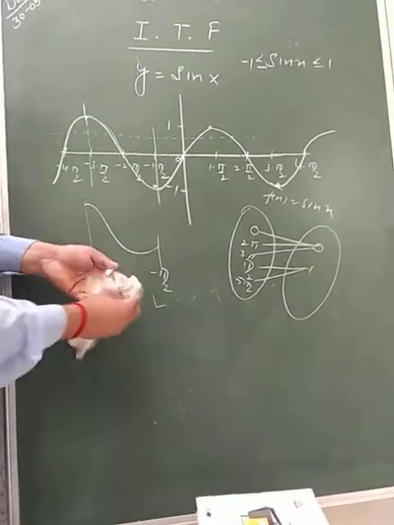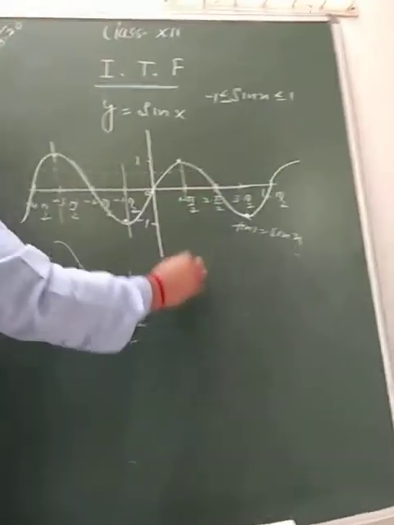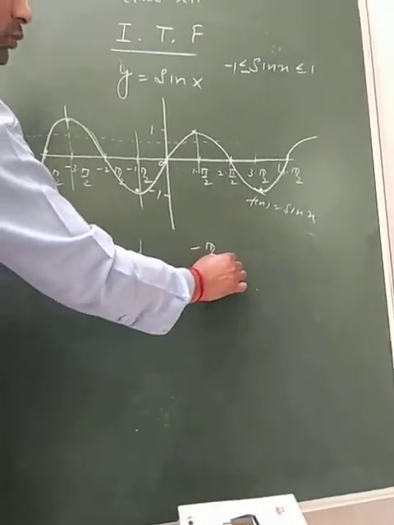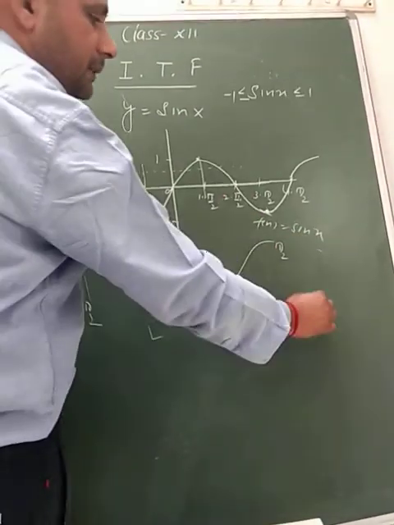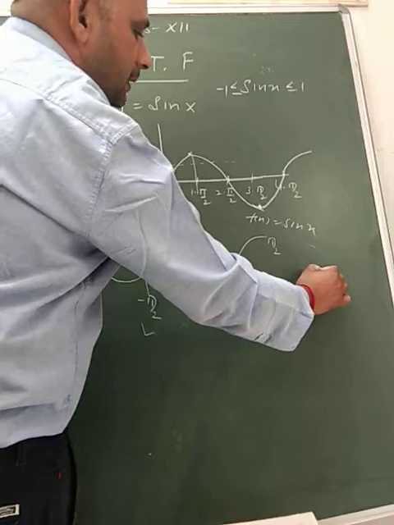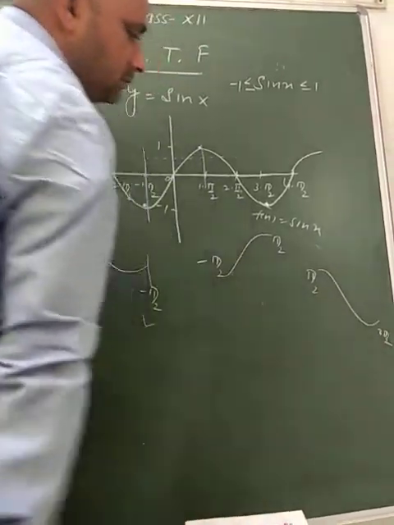Similarly, the second branch is minus pi by 2 to plus pi by 2. The third branch is plus pi by 2 to 3 pi by 2.